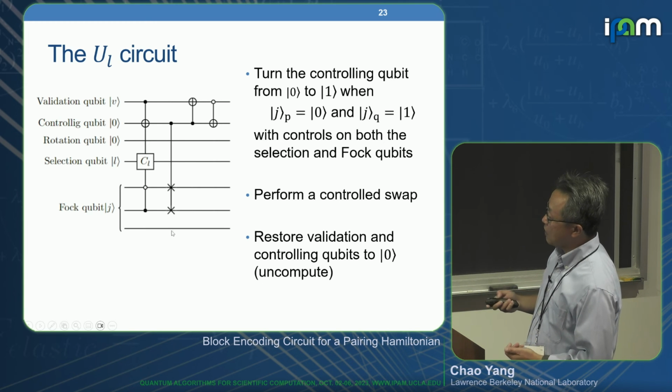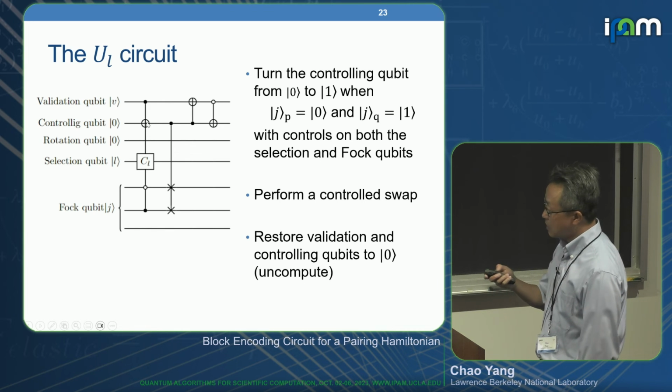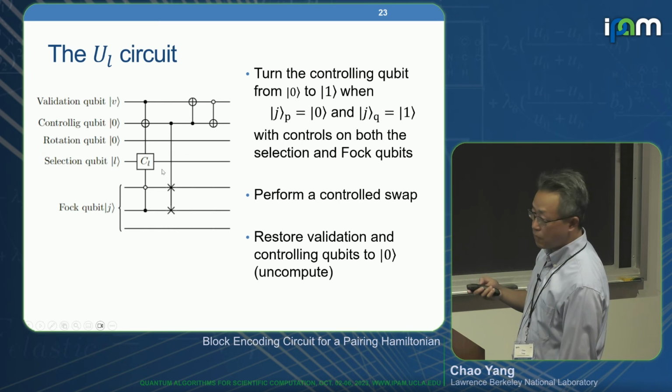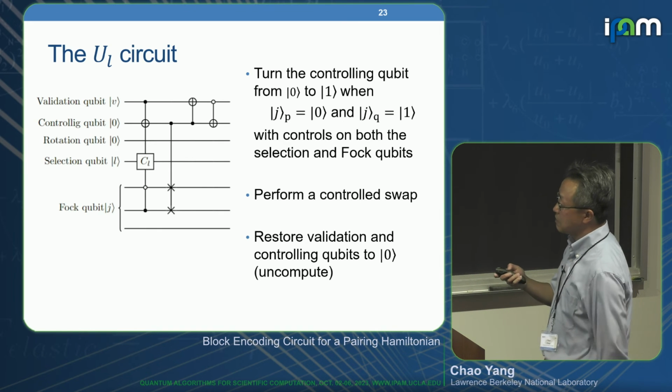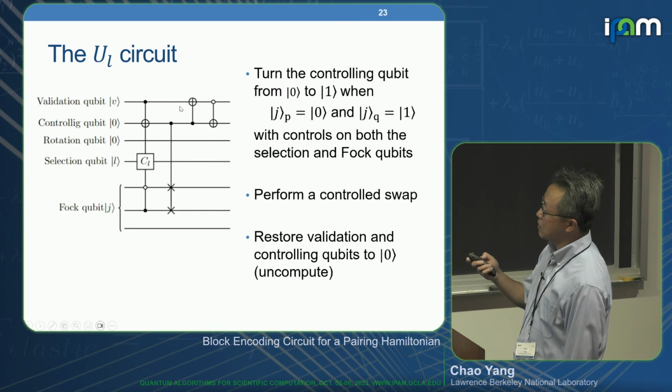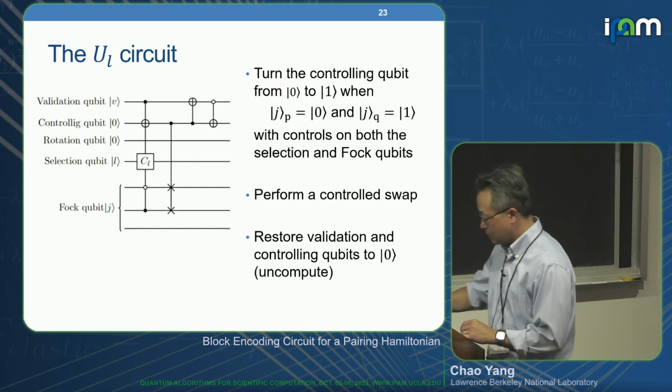So when this is a valid operation, as indicated by these controls, you turn the controlling qubit from 0 cat to 1 cat. And then once it's 1, you can perform the swap. And then in order to do measurements, you have to do the uncompute, by setting all these ancillas back to 0 cat after the control swap.